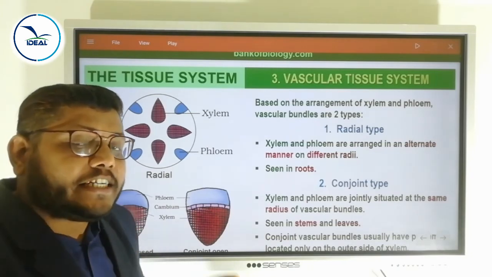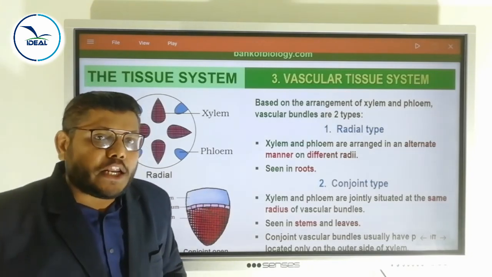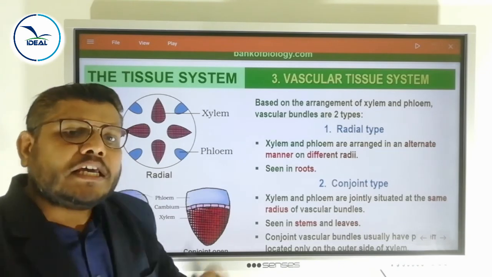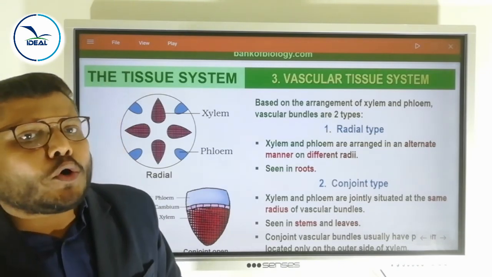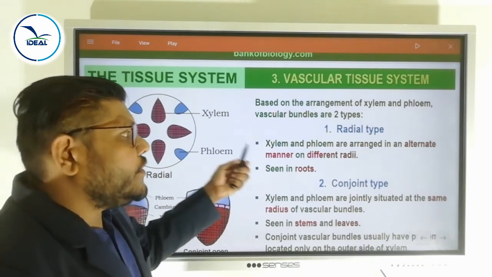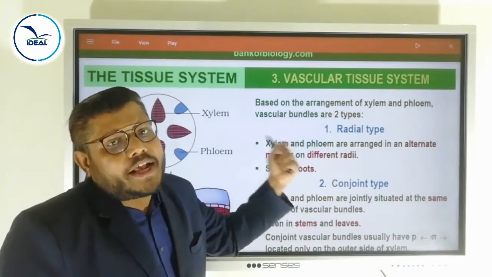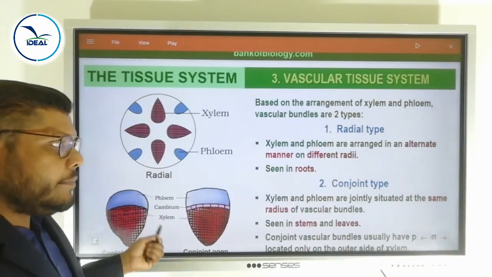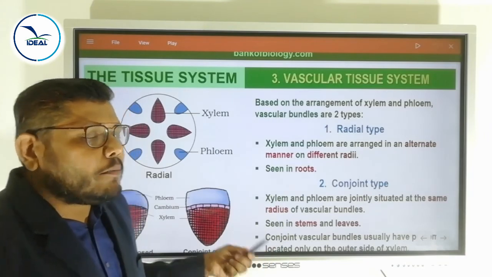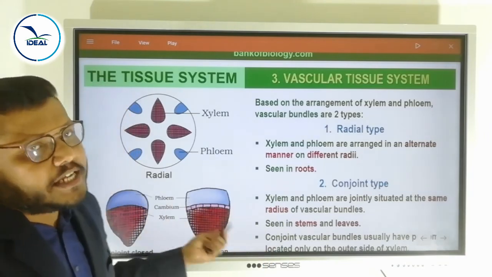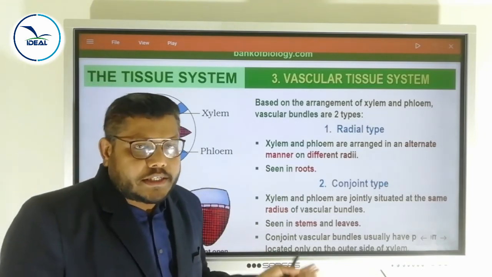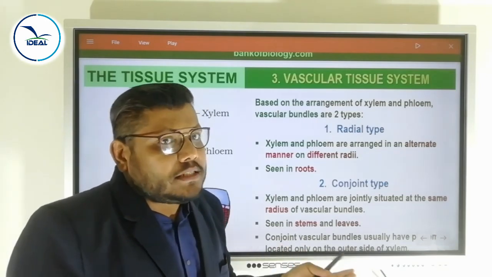So the radial type of vascular bundle we can see in all roots. All roots, meaning dicot roots and monocot roots, possess what kind of vascular bundle? Radial type of vascular bundle. At the same time, conjoint type vascular bundle we can see in where? Stem. Dicot stem, monocot stem. There is a difference.